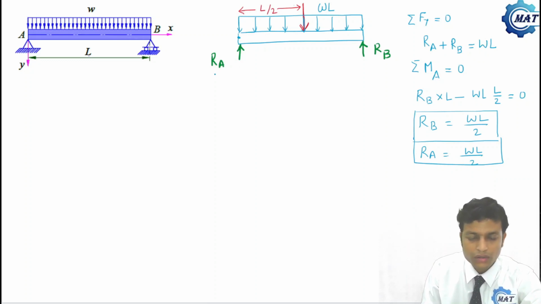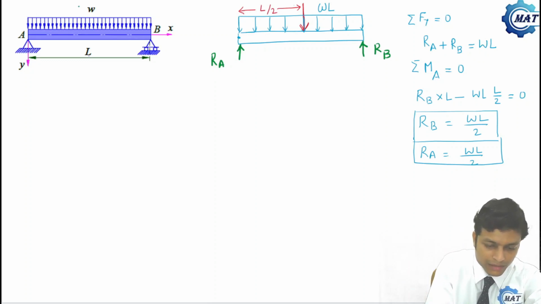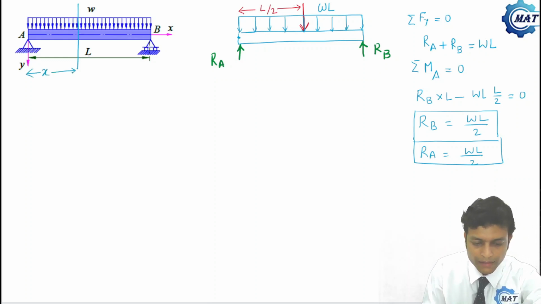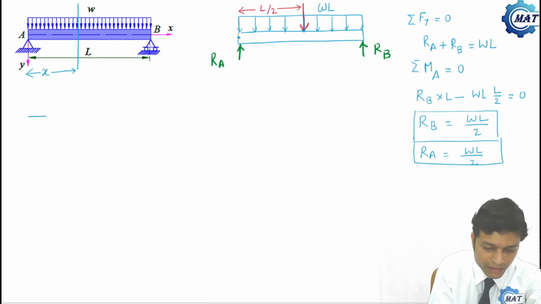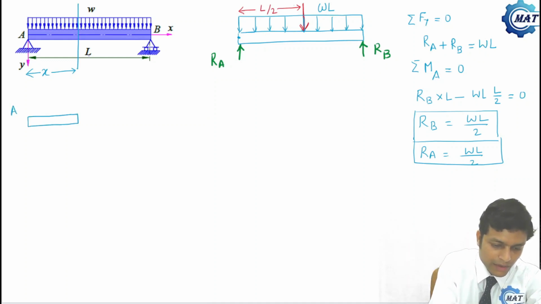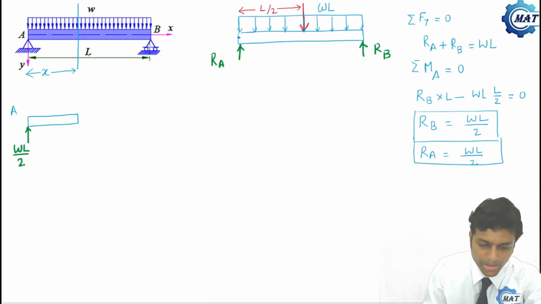Now how to draw the shear force and bending moment diagram? What we will do? We'll take a section, say here, at any distance x, and we'll draw the free body diagram. So this is point A and we know that here the reaction force is wL by 2.